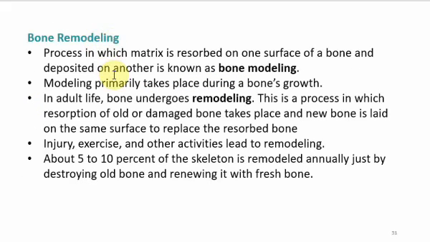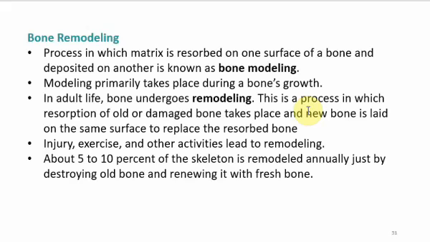Now, another concept related to bone modeling is a process we call remodeling. Remodeling primarily takes place during bone growth, and all through your adult life, bones undergo remodeling, which is a process in which old bone is damaged, and at the same time, new bone is deposited to replace the damaged bone tissue on the same surface.